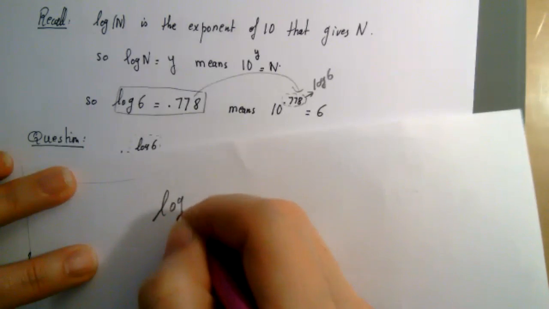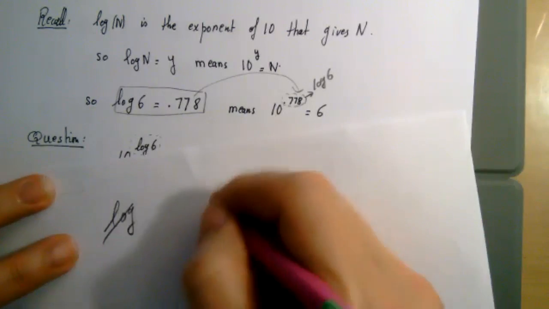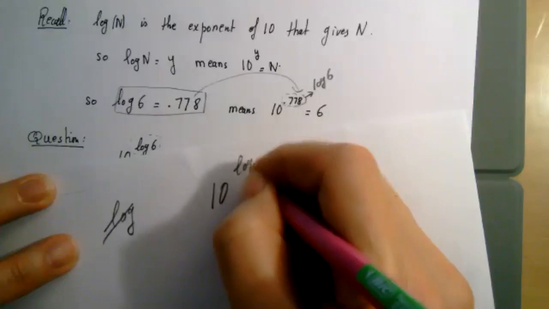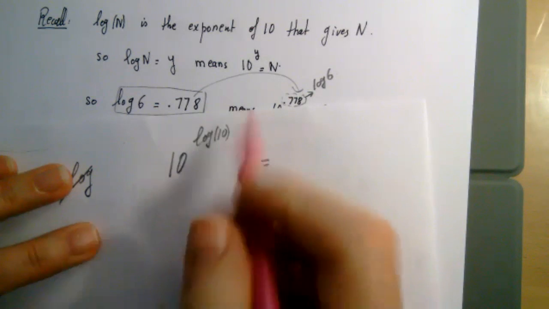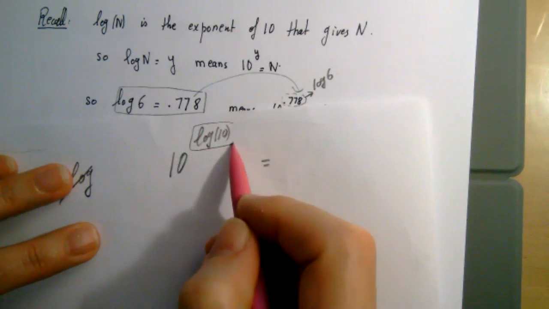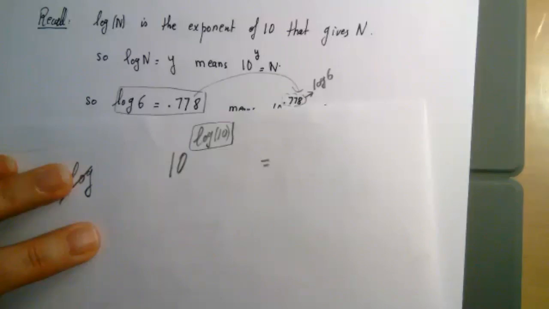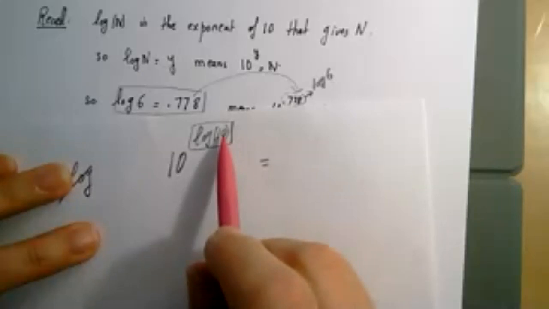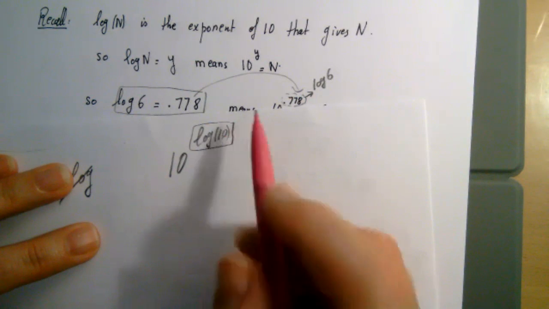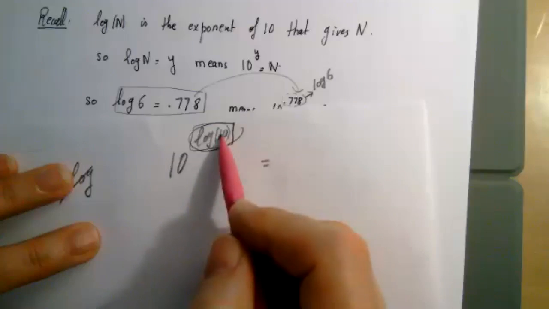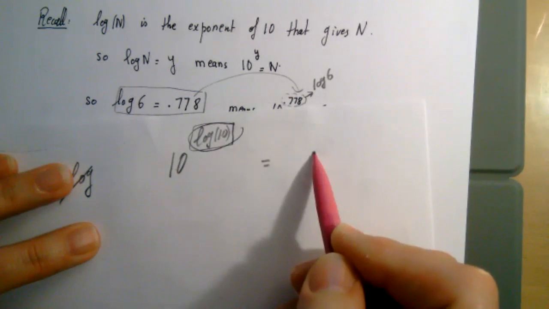What's 10 to the power log of 10? What's the log of 10? 1. Why? Because 10 to the power 1 is 10. Right, log 10 is the power of 10 that gives you 10, which is 1.